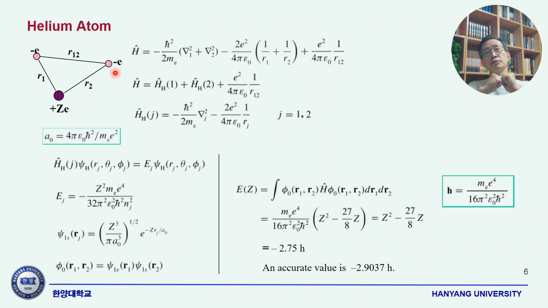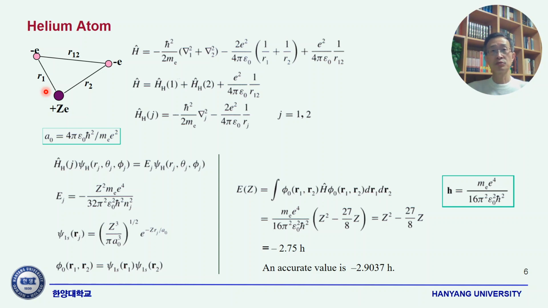But the Born-Oppenheimer approximation tells us that we can deal with only electrons. More precisely, if there are two sets of very different degrees of freedom, in this case the motion of electrons and the motion of the nucleus, which are very distinct from each other, we can decouple them and treat them separately. That's the Oppenheimer approximation.